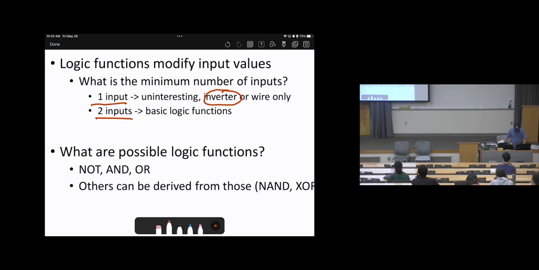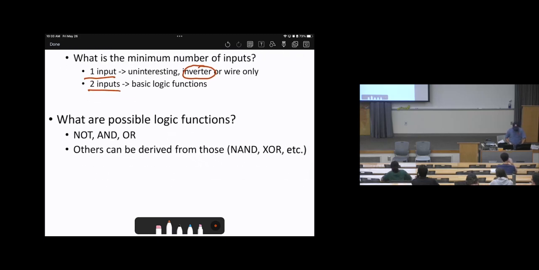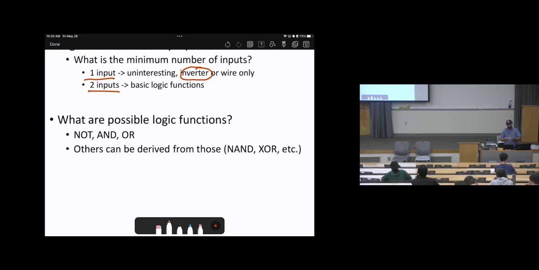So what are the possible logic functions that we are familiar with from maybe different courses or even from school? From school, we have the NOT operator, AND, and OR. Then we have some other devices that can be derived from these, which are called NAND gates, exclusive OR gates, etc. We will discuss this in this chapter.